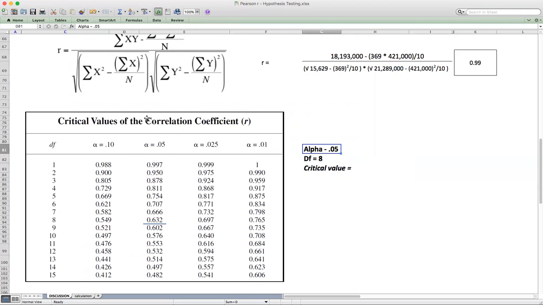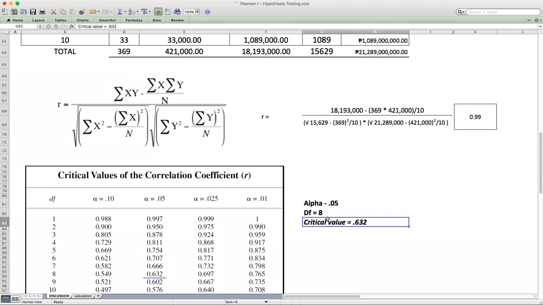So using the critical values of the correlation coefficient R, we will be arriving at 0.632 as our critical value.